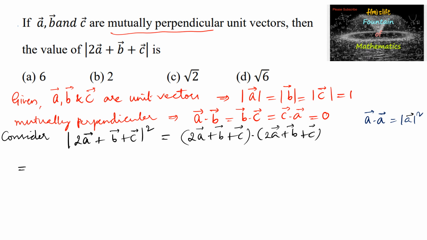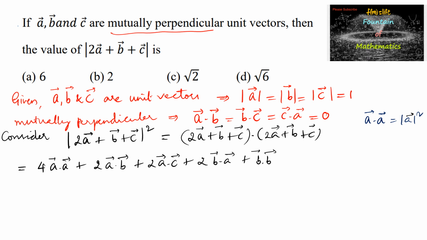So which is equal to 2A dot 2A, that is 4 times A dot A, and 2 times A dot B, and again 2 times A dot C, plus B times B dot A, B dot B, and B dot C, and C times 2A, that is 2 times C dot A, next C dot B, and again C dot C.